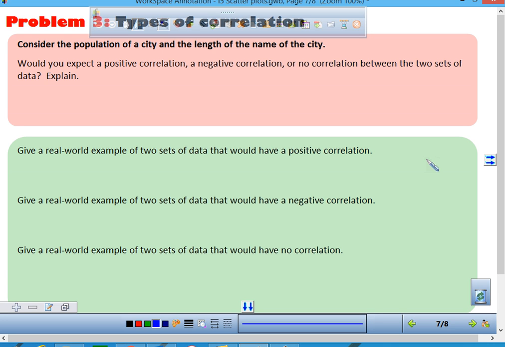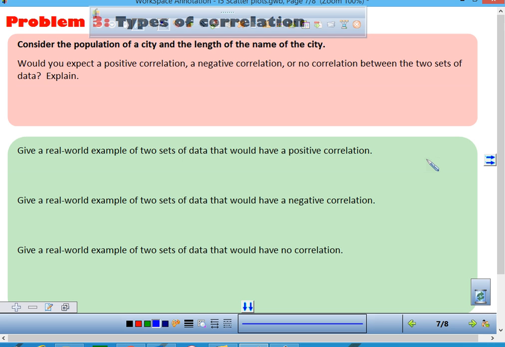So Fargo only has 5 letters, but it's the largest city in North Dakota. Largest population is Fargo. By far. It's not even close. Bismarck doesn't have near the population Fargo has.